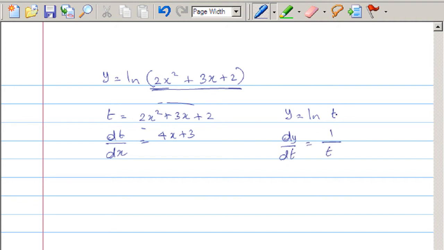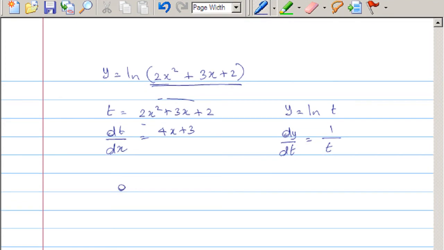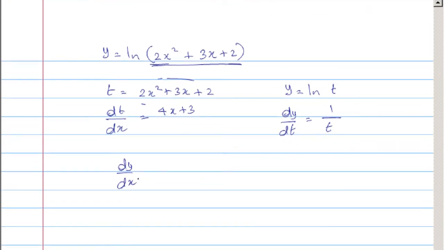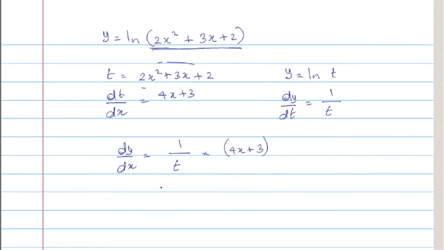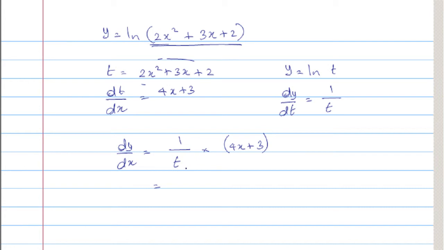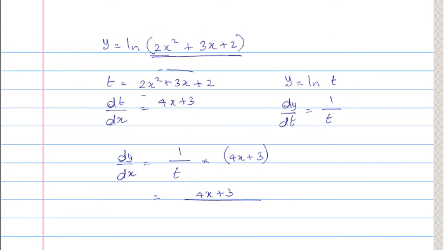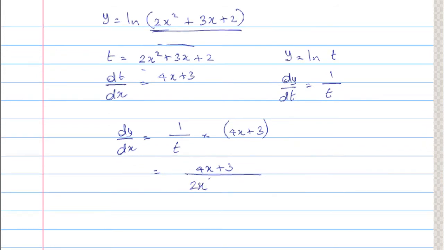We've just seen that the derivative of ln t is 1 over t. And if I use the chain rule, I get dy over dx is equal to dy over dt, so that's 1 over t times dt over dx, which is equal to 4x plus 3. And the final step is to substitute back for t. So I get 4x plus 3 divided by t, which is 2x squared plus 3x plus 2.